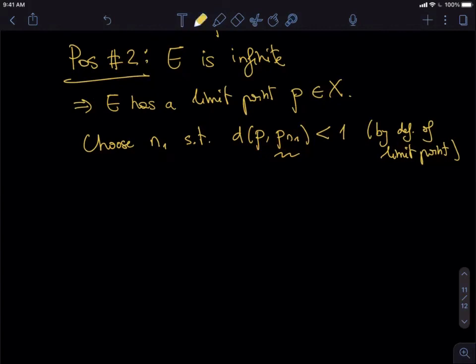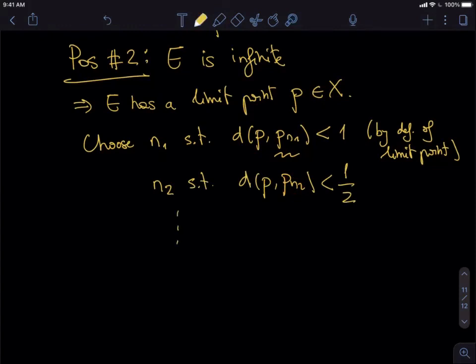And I can do this as many times as I want. Let's do one more. I will choose n2 such that the distance from P to Pn2 is less than 1/2. This is again by the definition. I'm taking a neighborhood of radius 1/2 around P, and there is some point in E, which being the range of the sequence, has to be of the form Pn something.